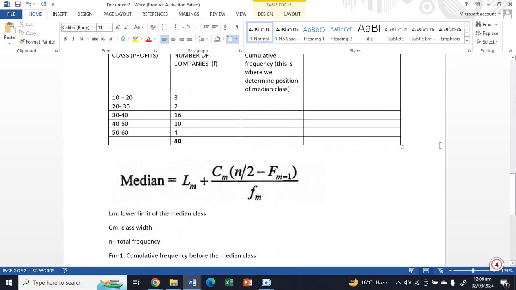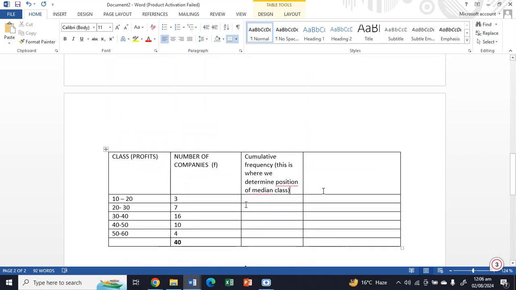So first, the way the cumulative frequency column works, you just add these frequencies in succession. The first frequency is 3, so you start with 3. Then 3 plus 7, that is 10. Then 10 plus 16, that is 26.